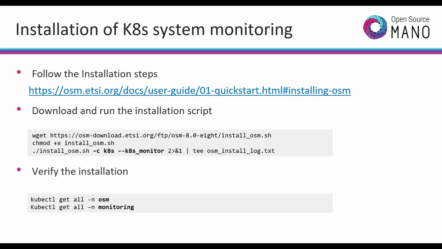To install OSM on Kubernetes with the monitoring feature, you have to follow the installation steps given in this link. Here you have to download the installer, and then run that installer with the K8S option and the --k8s_monitor option.